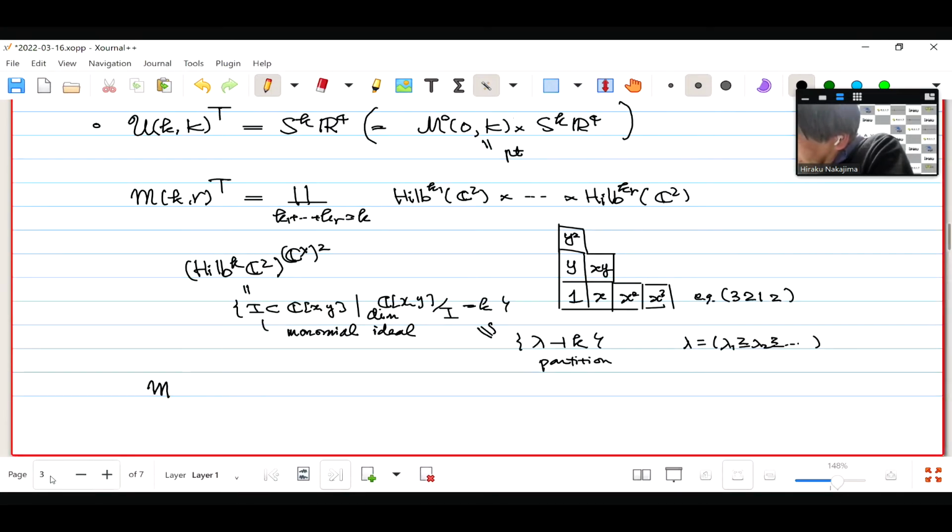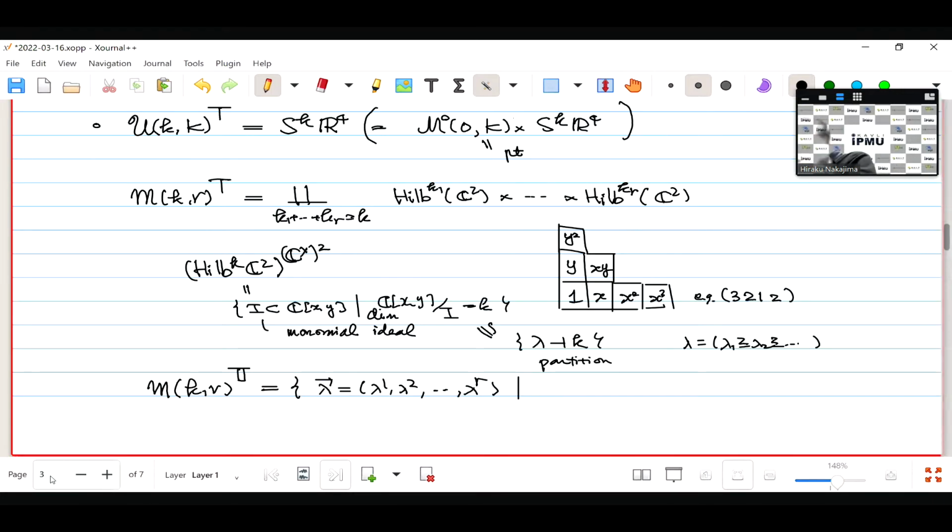So if you consider the fixed points of the larger group action, this is a vector lambda, lambda 1, lambda 2, up to lambda r. So this is an R-tuple of Young diagrams whose total number of boxes is equal to K. So this is the description.